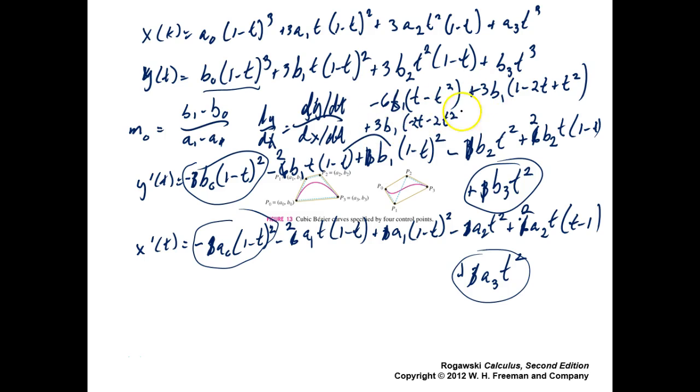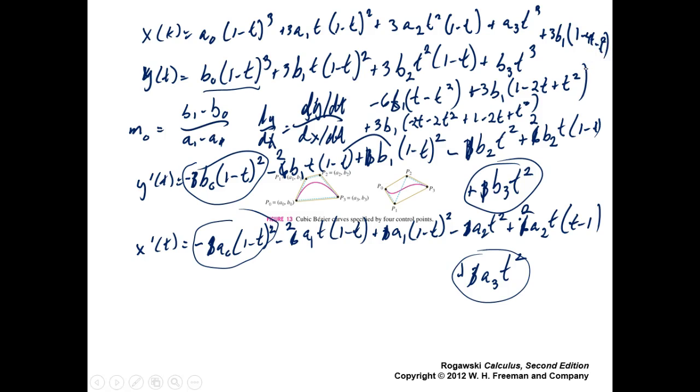Okay, factor out that, and then you have a plus 1 minus 2t plus t squared. Okay. And if I'm combining like terms right, that's going to be a plus 3b1 times 1, there's the 1, minus 4t minus t squared.